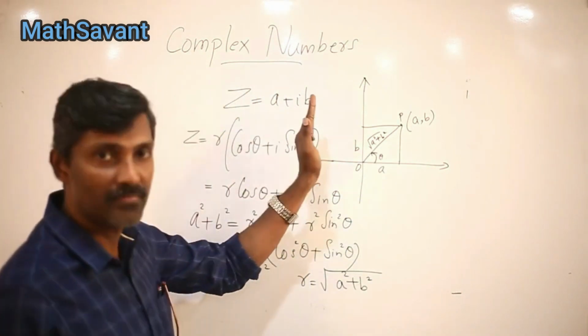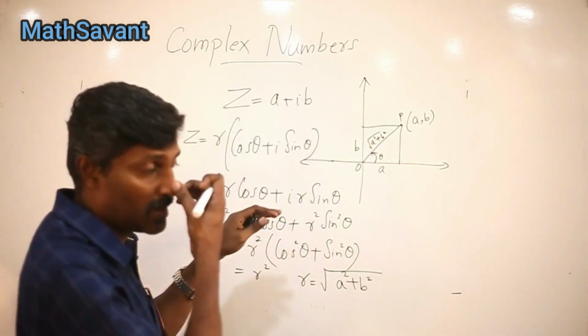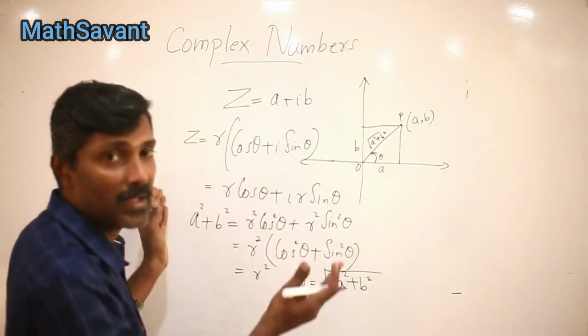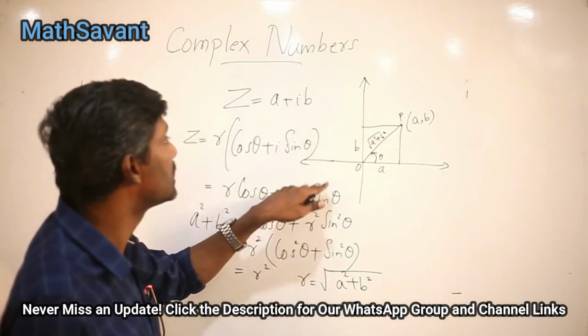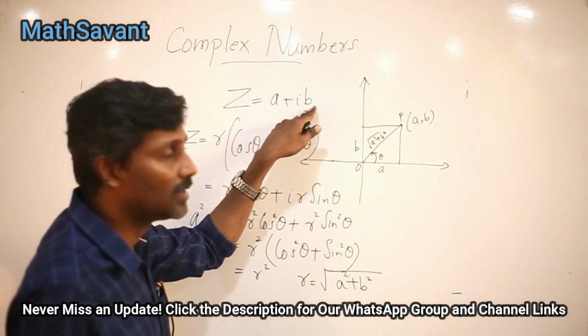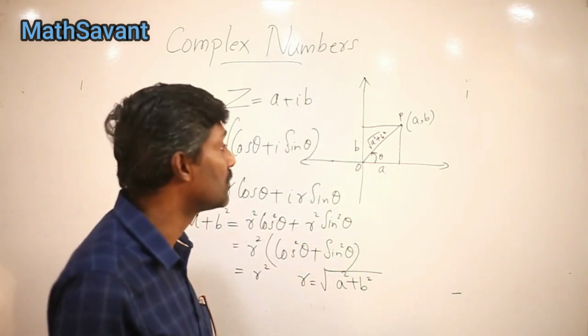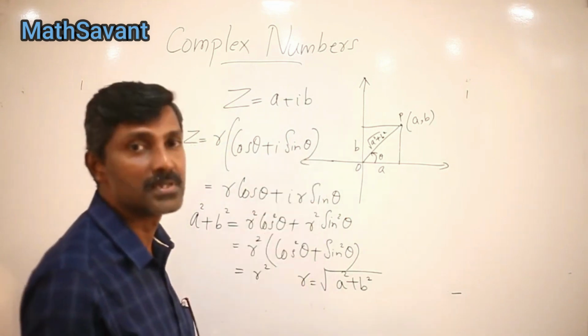So this is the polar form of the complex number Z is equal to A plus ib, given by R into cos theta plus i sin theta. If we open the bracket, we get R cos theta as the real part and R sin theta as the imaginary part. And theta, we call it the amplitude or the argument of the complex number. So this is basically the polar form diagrammatic representation.